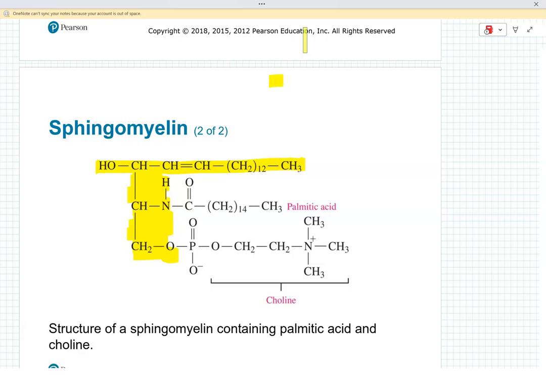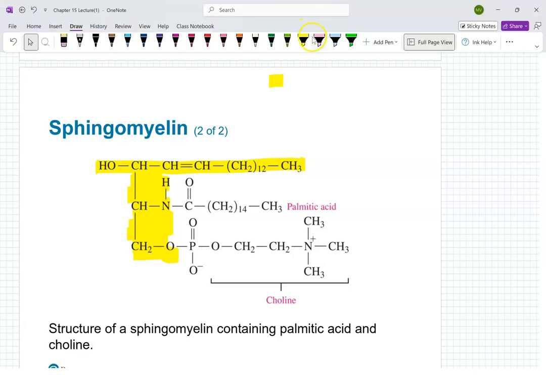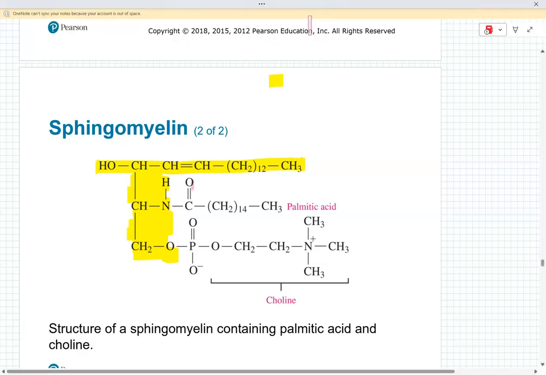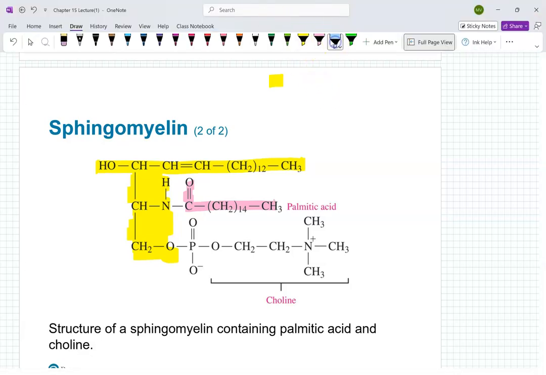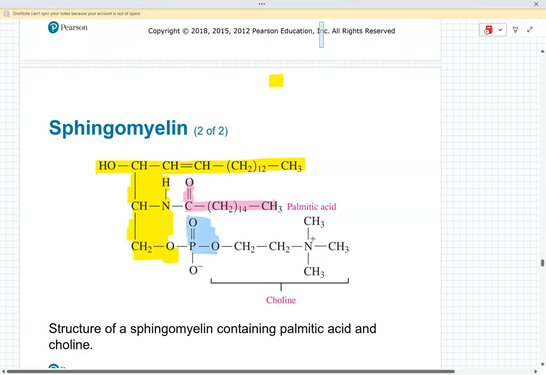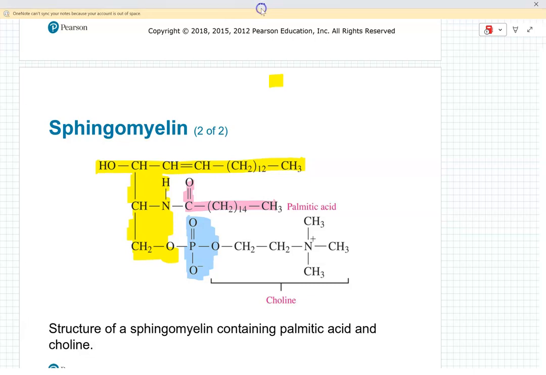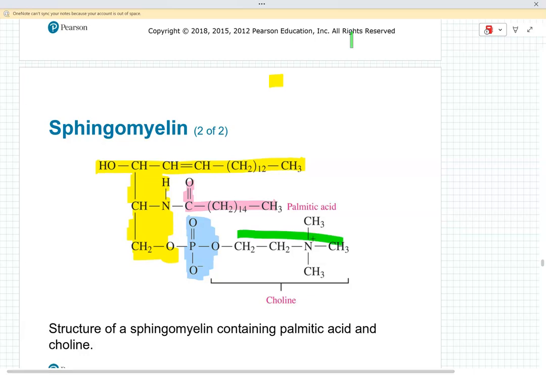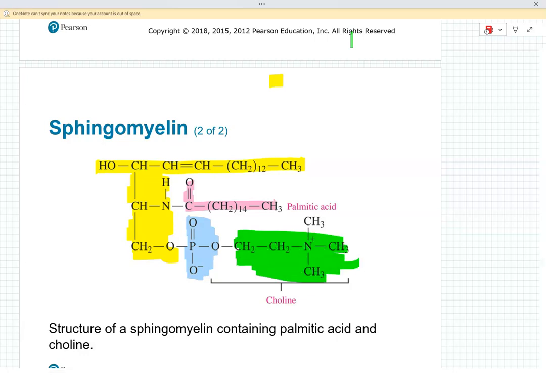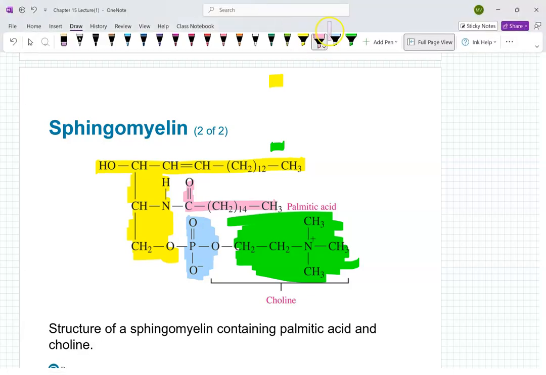Make sense, everybody? This is fatty acid. This is the phosphate part. And this is amino alcohol. Am I making sense right now?